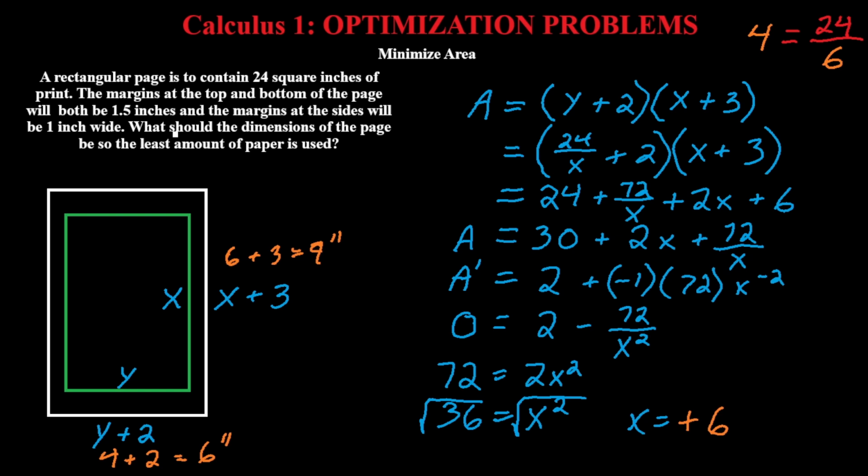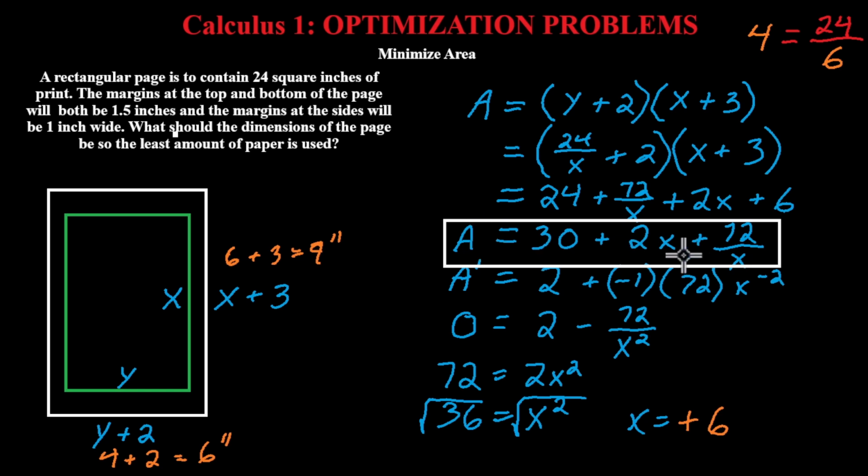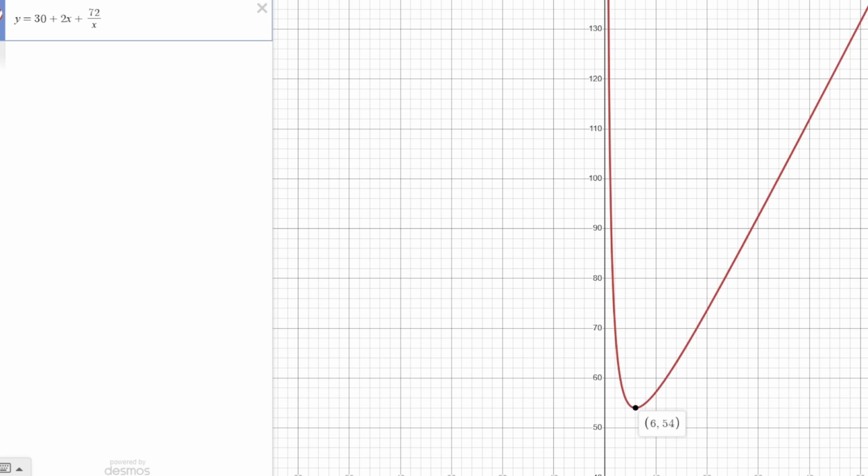As before, let's take a look at the original area equation graphed in Desmos, which will be this one over here because I want to have it with a single variable. So here in Desmos, I've entered the equation y equals 30 plus 2x plus 72 over x, and I'm only interested in the positive x values.